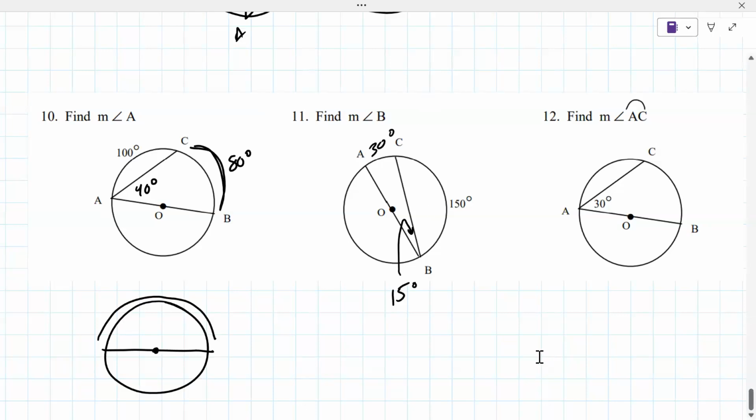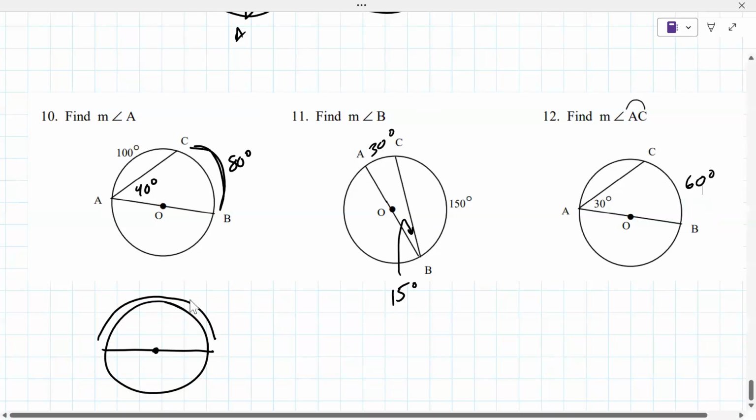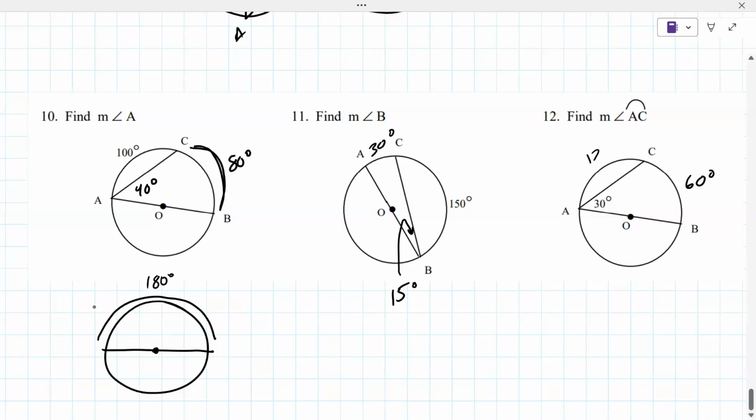Find C to B first. That's 60. And it's related to this down here. So 60 plus, would I add in the 30 as well? Or, oh, wait. Is it 120? Yes. Okay, the wheels are turning.